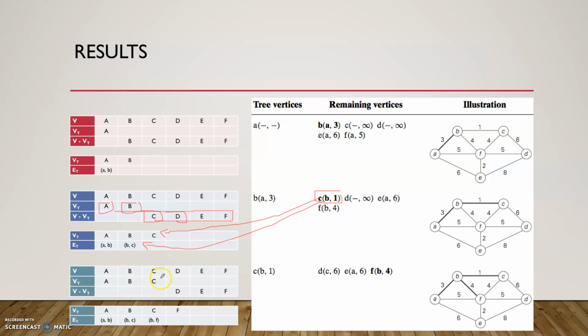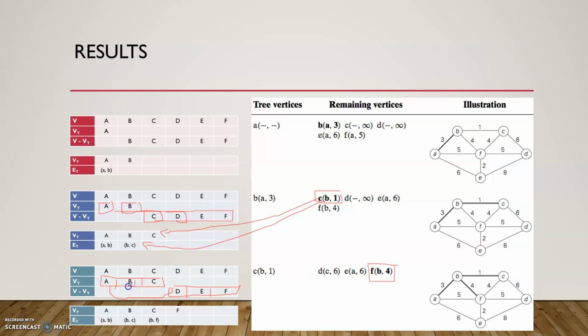And again, it does it here as well, where it goes through all the possibilities of edges, where one of these values is the first vertex, one of these values is the second vertex, and it finds the smallest one. And it actually ends up finding that the smallest one is FB or BF.